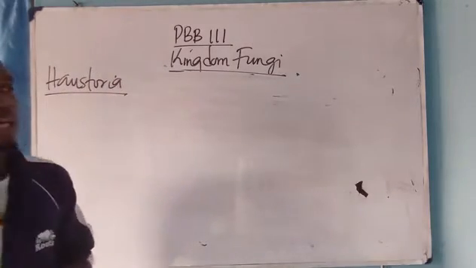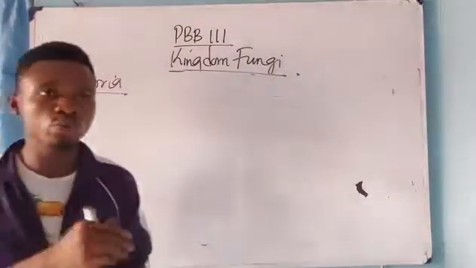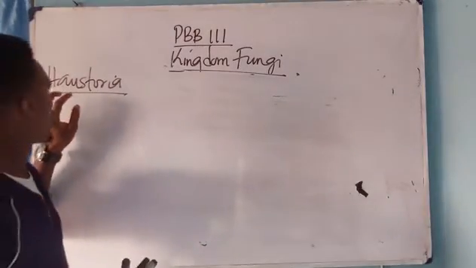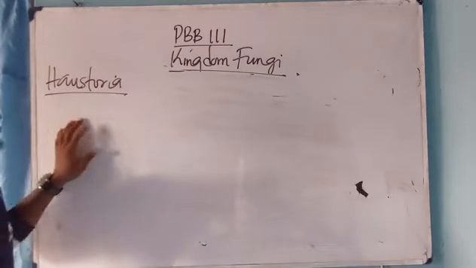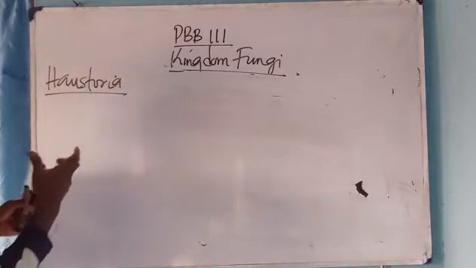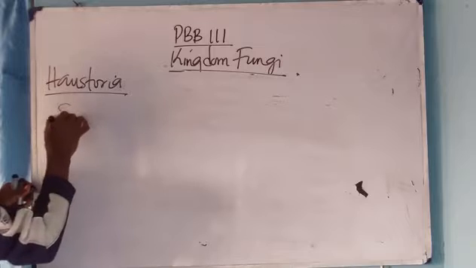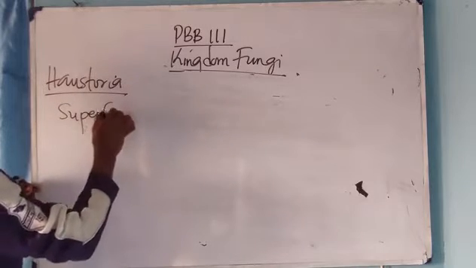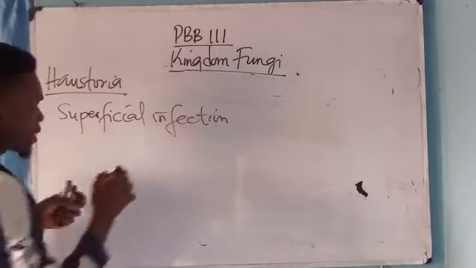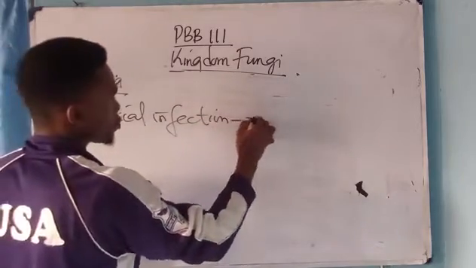The root of a parasitic fungus is called which of these? Rhizoid, rhizome, haustoria, and one other useless option. Please, it is what? Haustoria. Take note of that. And good. Fungi that grow through superficial infection are called what?